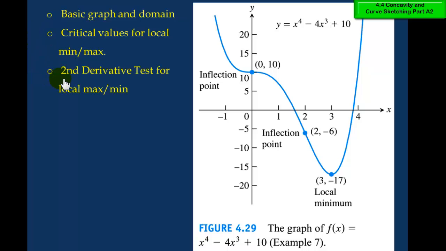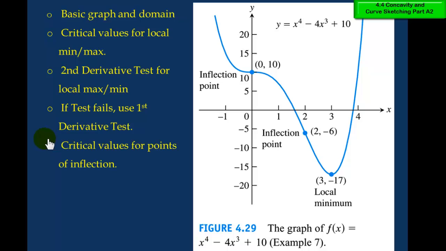Then we looked at the second derivative test for local max or min, and when it fails, then we use the first derivative test. Then we looked for critical values for the points of inflection by setting the second derivative to 0. And then we tested using the second derivative test for change of sign for the second derivative.